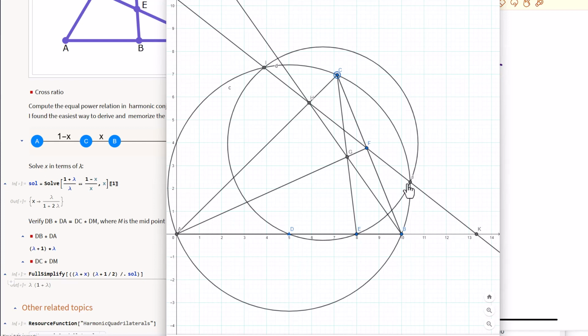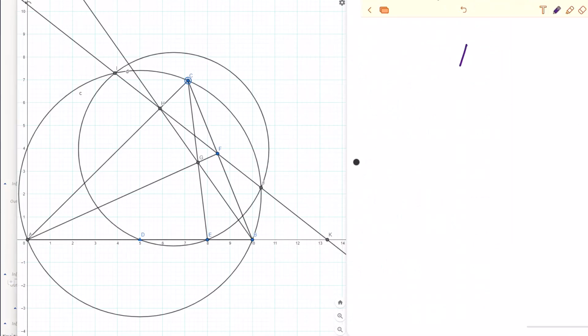Or we can say the triangles JBK and KIA are anti-parallel. So we have KJ times KI equal to KB times KA. This is one relation.